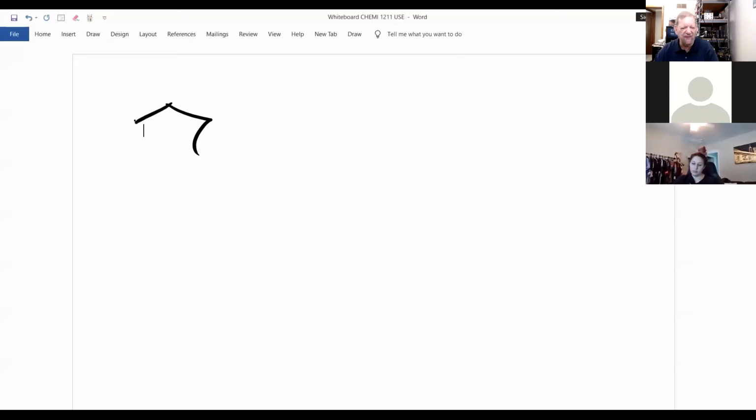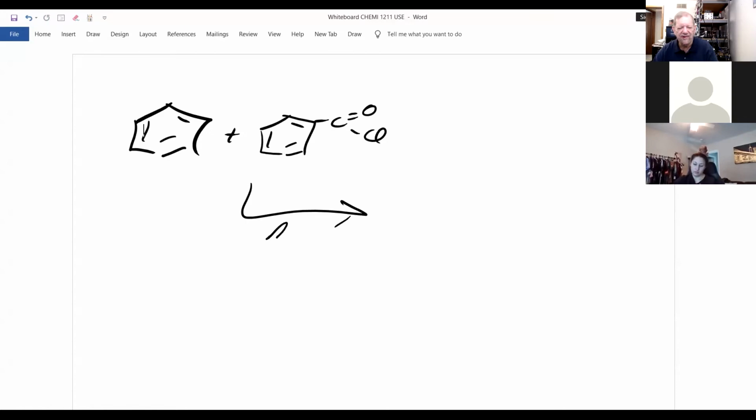Let's have you try one more. And what would you get if you react those 2 things together with aluminum trichloride catalyst?